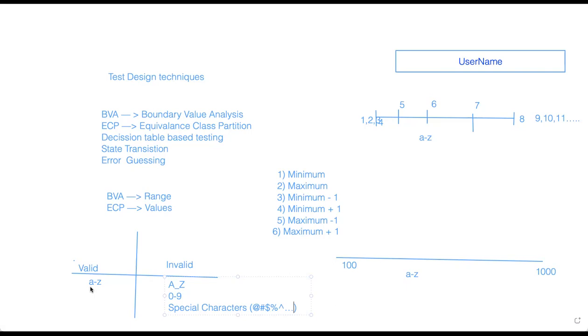While preparing test data for any text fields, like username, passwords, we need to consider both BVA and ECP. BVA talks about the range, and ECP talks about the values. Okay, clear?